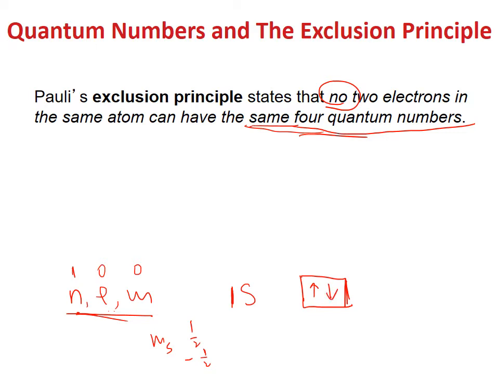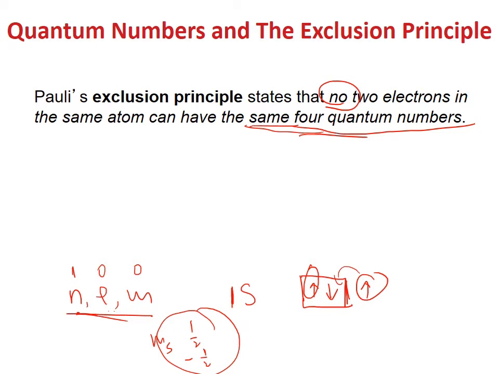Now, is it possible we can put another electron? Well, because there are only 2 possible spin quantum numbers, if we put the third one, it is either up or down. So if we put it inside the orbital, then two of them have the same 4 quantum numbers, N, L, M, and Ms, and therefore that's against the Pauli exclusion principle.